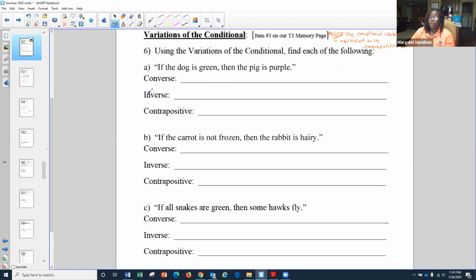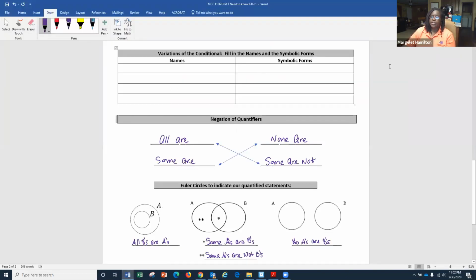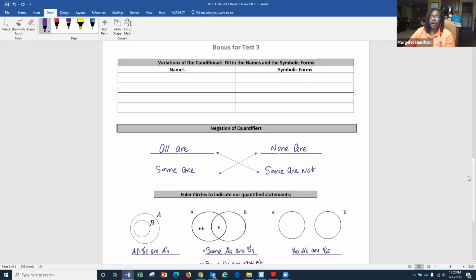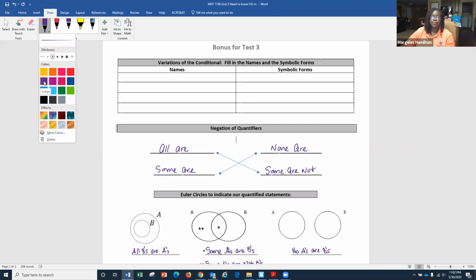I'm going to take us to our memory sheet. So here we are on the second page of our memory sheet. It starts off with our variations of our conditional. Here we have a names column, and you have your symbolic forms of it. We're talking about the conditional statement, which starts us off.